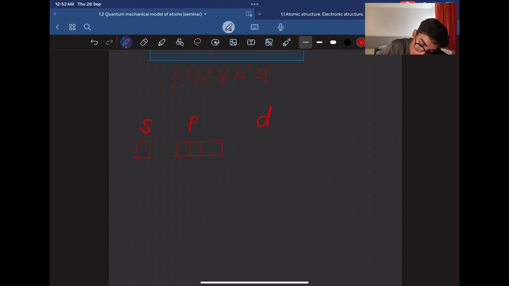A d shell has 5 boxes. And finally, an f shell is going to have 7 boxes.